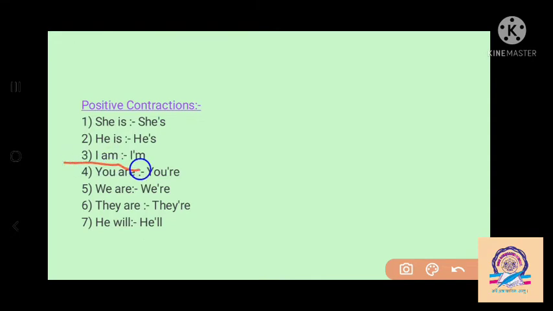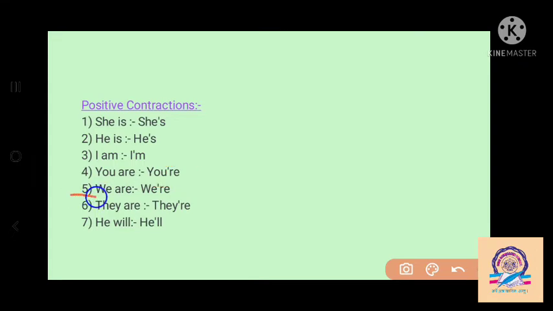"I am" is there, then at that time we have to write "I'm", that is the positive contraction here. Then "you are" is there, then we have to remove a, and by using the apostrophe we write "re", that is "you're".